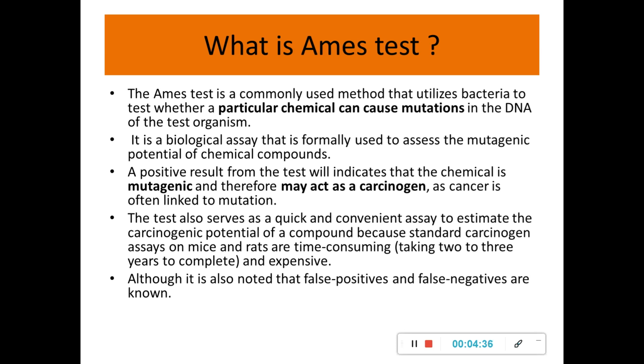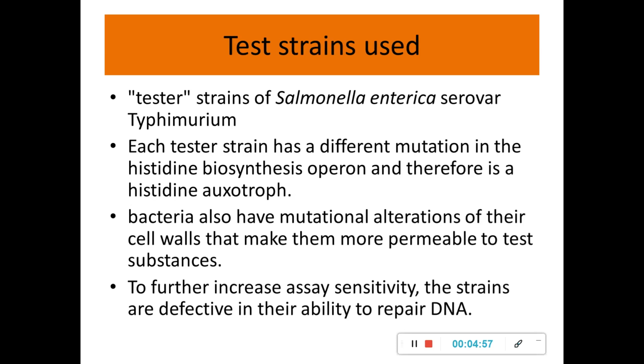If the chemical acts as a mutagen, then there is a chance that it may be a carcinogen, because cancer is always linked to mutation. So, rather than going directly to the mice and the rats, we take some bacteria and check whether the chemical can cause mutations in the DNA of the test organism.